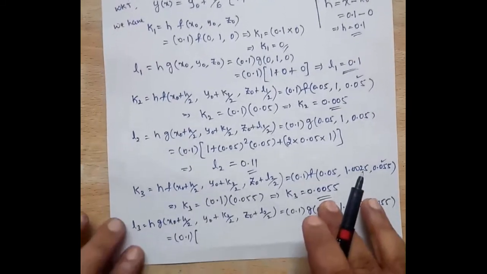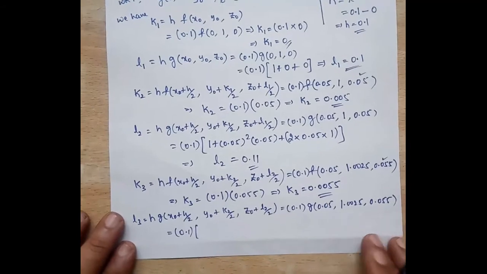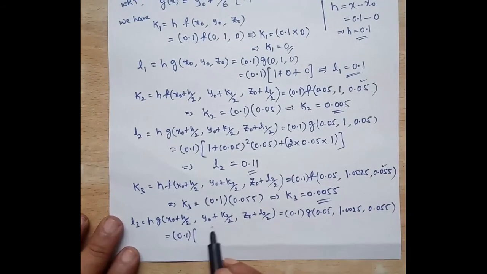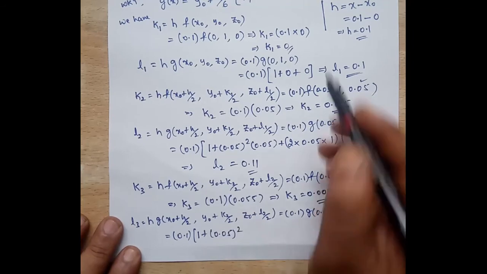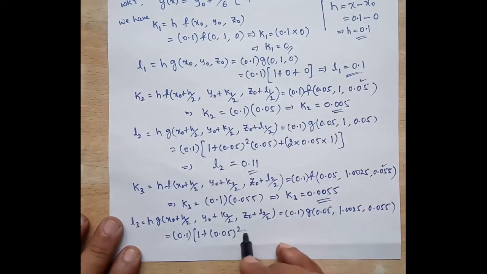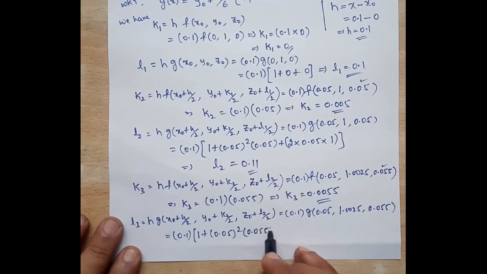So if I substitute this, we get 1 plus x square. What is x square? 0.05 whole square into z. Z is 0.055 plus this is 2 into xy.